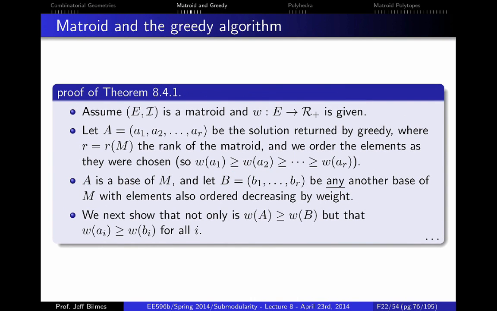What we're going to show is not only that the weight of A is greater than or equal to the weight of B, namely that greedy gives you the maximum weight base, but that at every single position i in the greedy algorithm, the weight of the item chosen by greedy is greater than or equal to the weight of the corresponding position in any other arbitrary base. Obviously, if that's true, then the first claim is true.